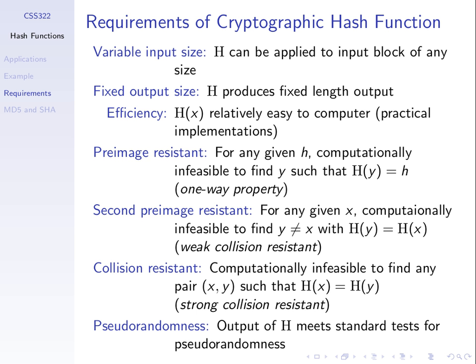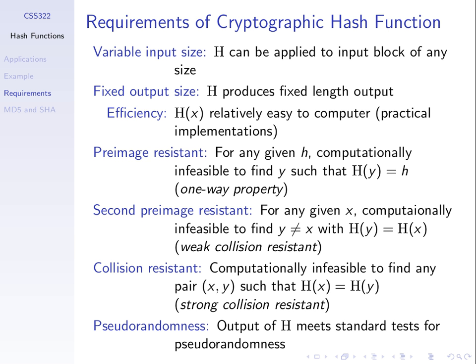Because what they need to do, they have a hash value, in this case, and they need to find a value of y. That's the goal of the attacker, to defeat the one-way property. In the weak case, they have the hash of x, and they need to find some y that also produces that hash value but is different from x. So it's about the same.